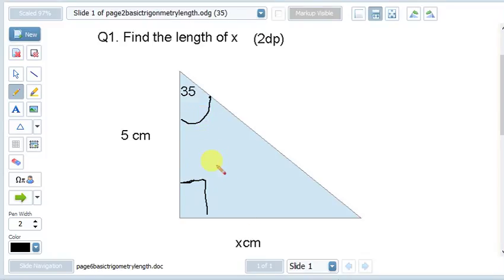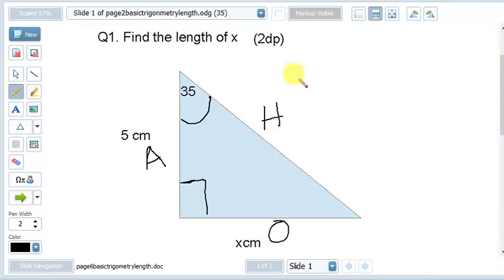So the side opposite the right angle is the hypotenuse, the side opposite the angle that we know is the opposite, and the side next to the other two is the adjacent side.